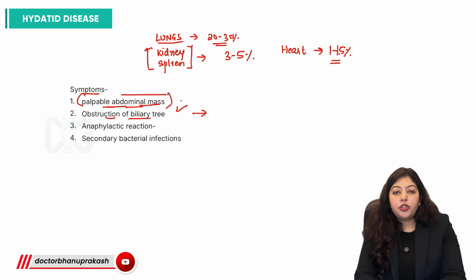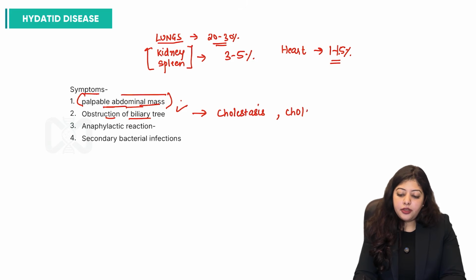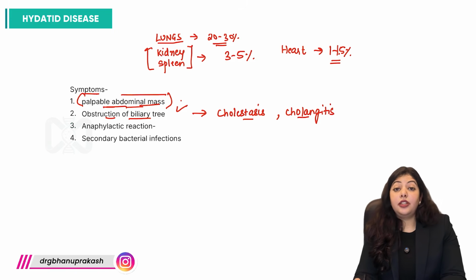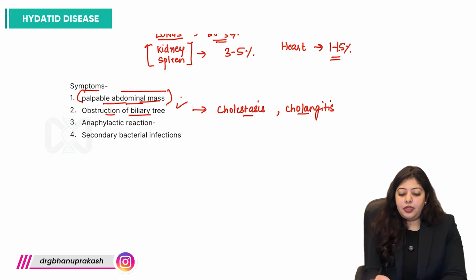And because of the obstruction of the biliary tree, what can happen? Firstly, there can be cholestasis, and of course infection, right? There can be cholangitis. So these are complications related to this particular disease, the presence of this cyst.